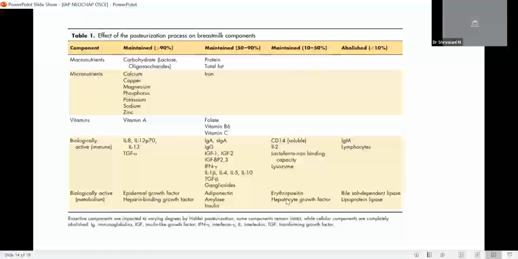Almost abolished are lysozyme, lactoferrin, and hepatocyte growth factor. What is preserved are oligosaccharides and lactose, and fat and protein are maintained at 50 to 95%. Protein content is reduced, but still maintained at 50 to 90%. You can see this table.